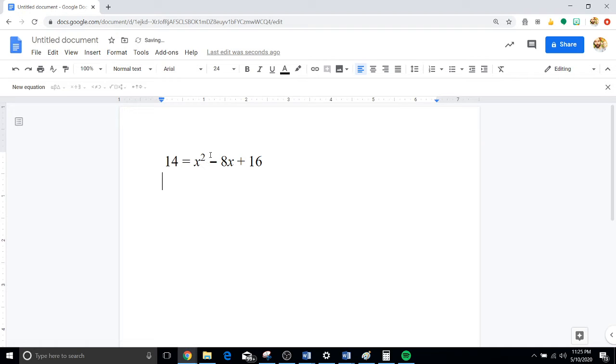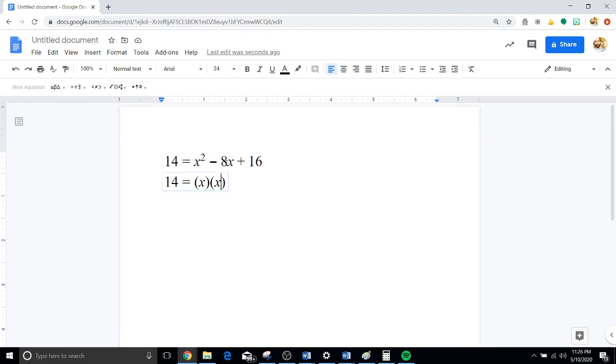And we know that if we take our x and just write it out, so let's go ahead and do that. We're going to say 14 is equal to, and we know we're going to have two binomials. Both of them are going to start with an x because that is our variable. And the other one is going to be half of our b term.